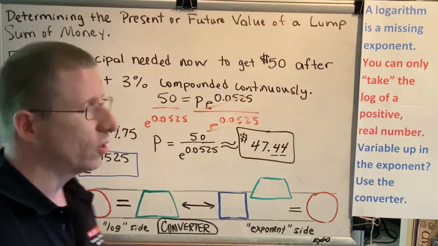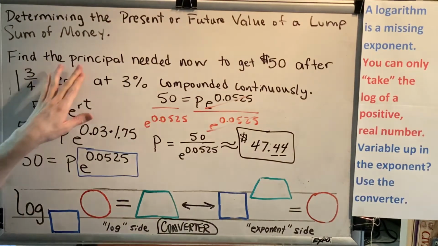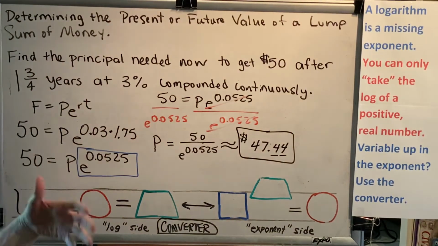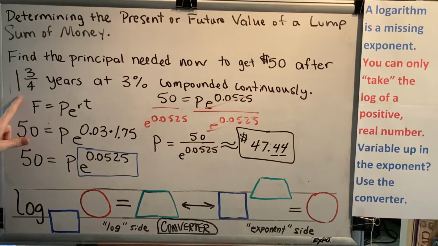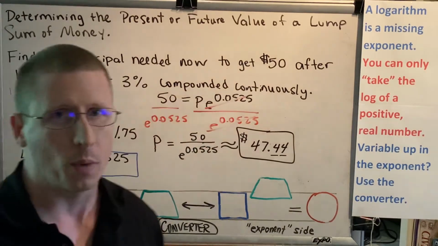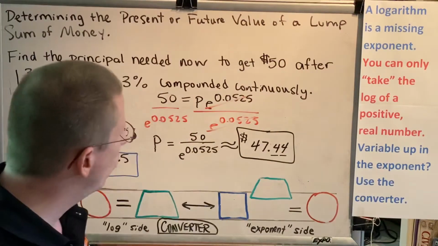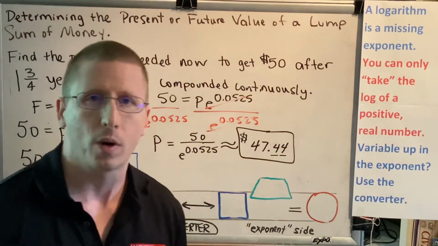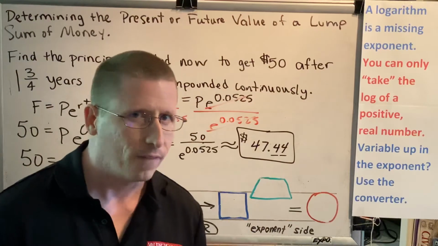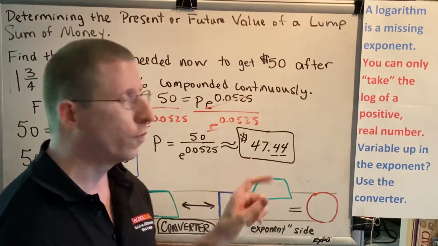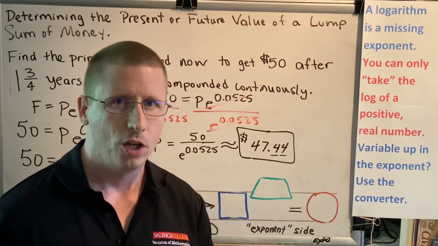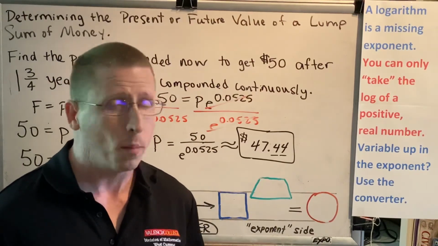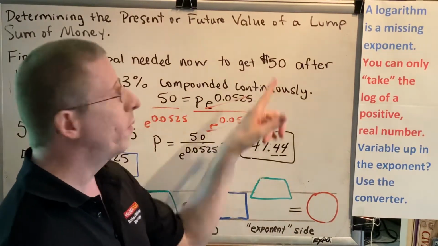Think about what the question was asking. How much money do I need now, today, so that when I invest it in an account and I come back 1.75 years later, there'll be $50 waiting for me? And the answer to the question was $47.44. You need to have $47.44 right now, today, so that when you invest it and come back almost 2 years later, you will be up to $50.